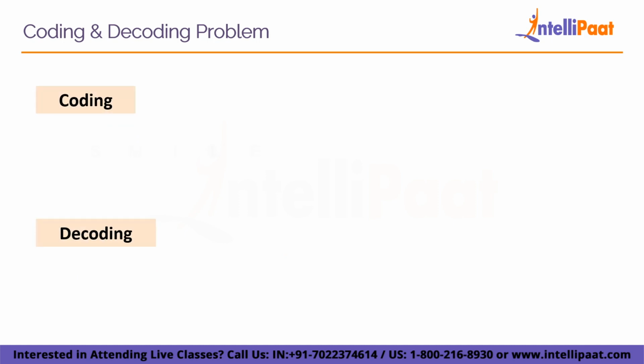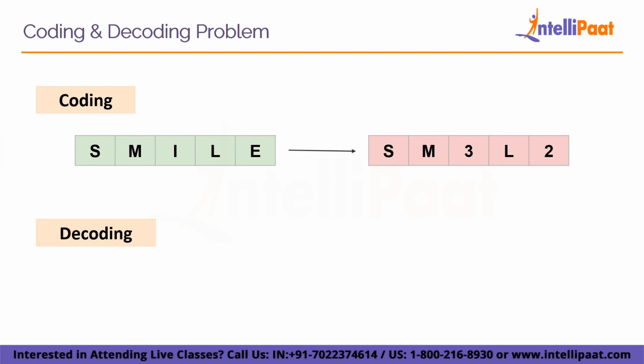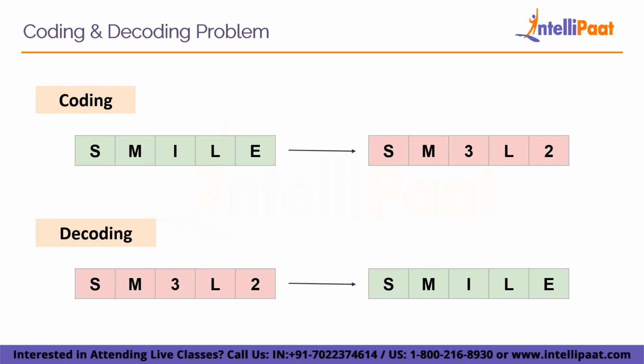So coding refers to the process of transforming a given word, phrase or a set of numbers into a coded form which is based on a specific rule or pattern, whereas decoding is the reverse process of coding. It involves deciphering the coded word, phrase or a set of numbers to reveal the original form by applying the same rules or pattern which is used for coding.